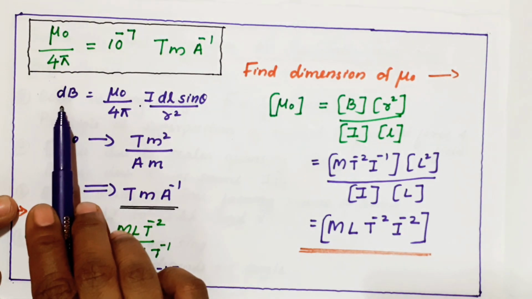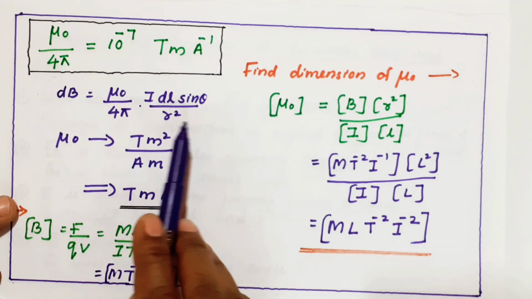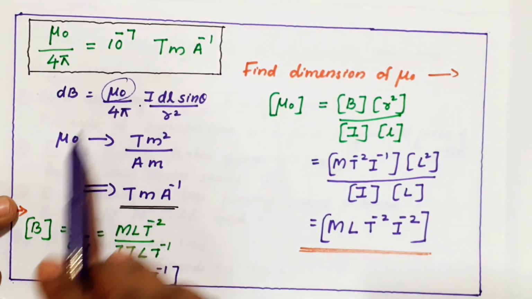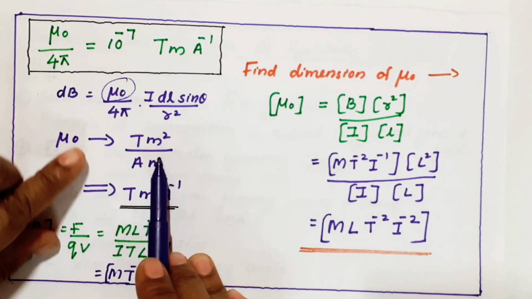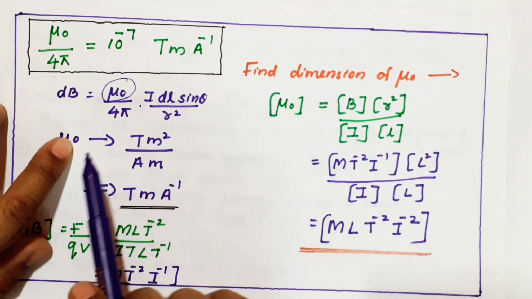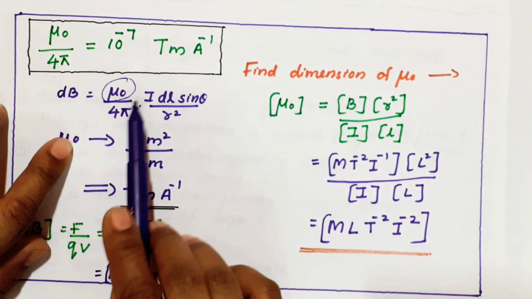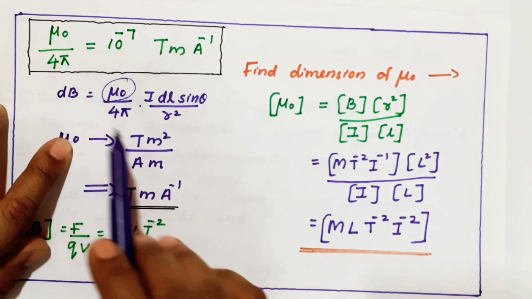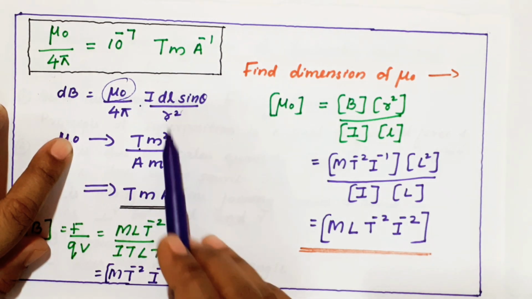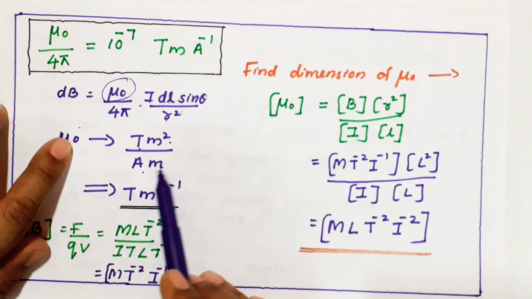Now you take the equation of Biot-Savart's law, dB is equal to mu naught by 4 pi I dl sin theta by r square, right? So if you want the mu naught unit, take mu naught. What are the terms coming here? If you take mu naught, the terms coming are dB r square by I dl. dB means magnetic field, unit is Tesla. r square means meter square, divided by current ampere, dl length meter.